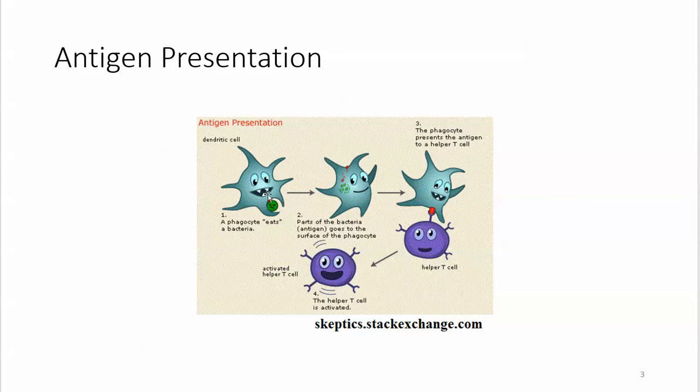Basically it eats it, presents it on the surface. The helper cell and the T cytotoxic both have this T cell receptor, and then they have the antigen. So the helper needs the MHC class 2, and the T cytotoxic needs MHC class 1.